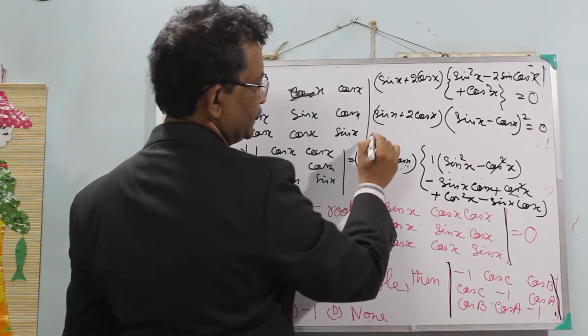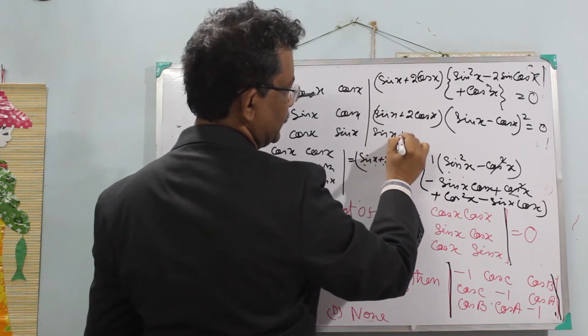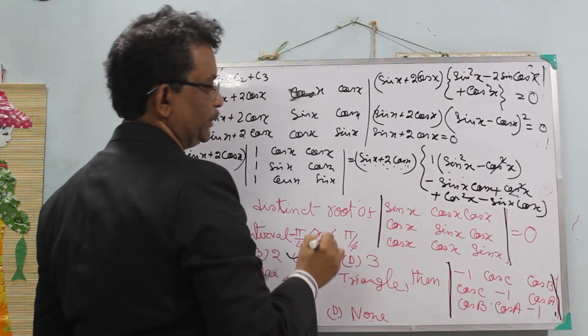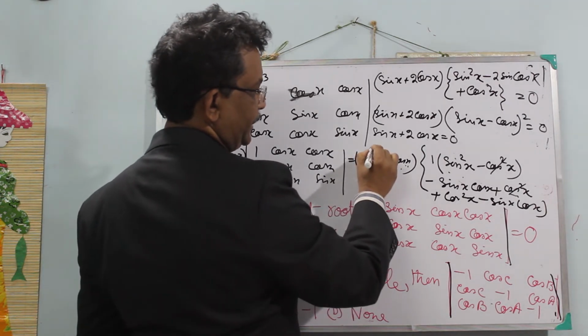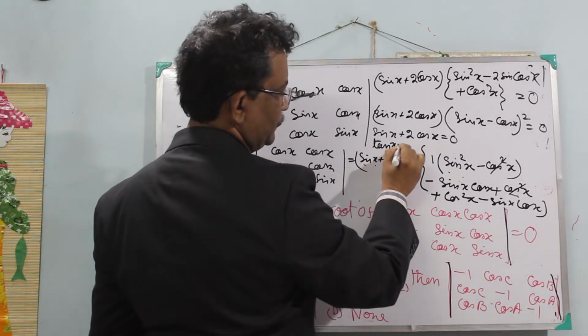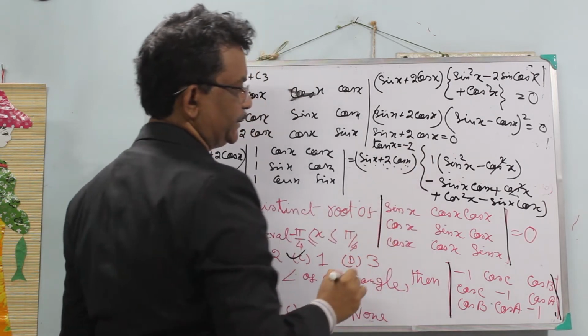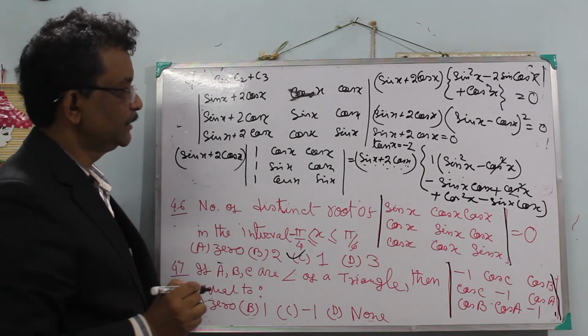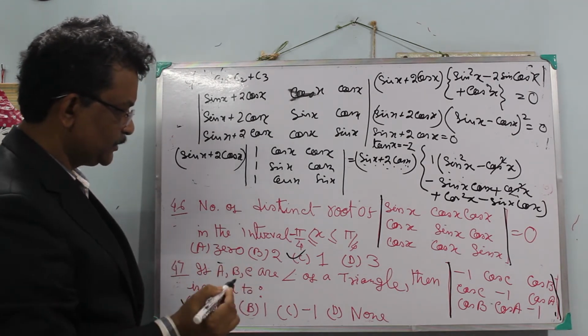So either sin x plus 2 cos x is equal to 0. Here you will see that tan x equals minus 2. So x is equal to tan inverse of minus 2, which is approximately 63 degrees.